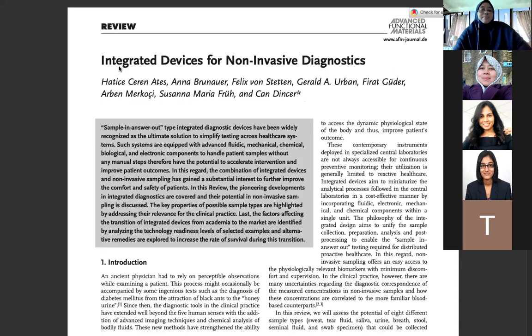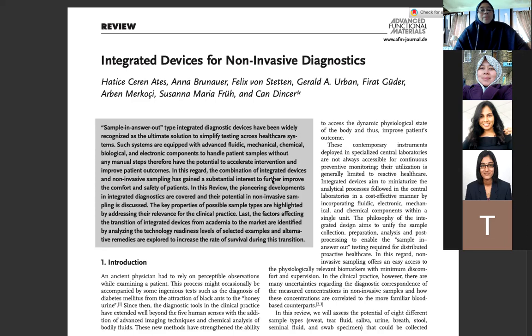Let's look at the abstract, sample in, answer out. I've never tried to write an abstract using these kinds of words. Integrated diagnostic devices have been widely recognized as the ultimate solution to simplify testing across the healthcare system. In this case, we can consider this sentence as the introduction, telling about the issues. Such systems are equipped with blah, blah, blah.